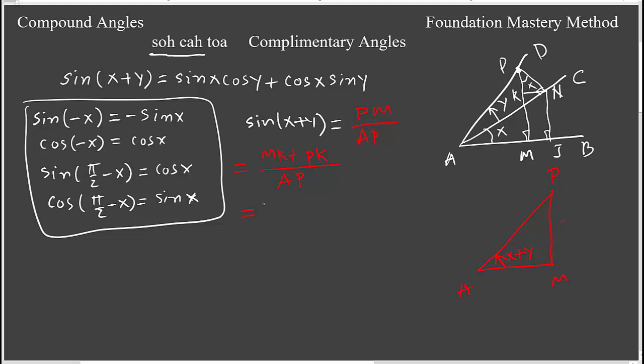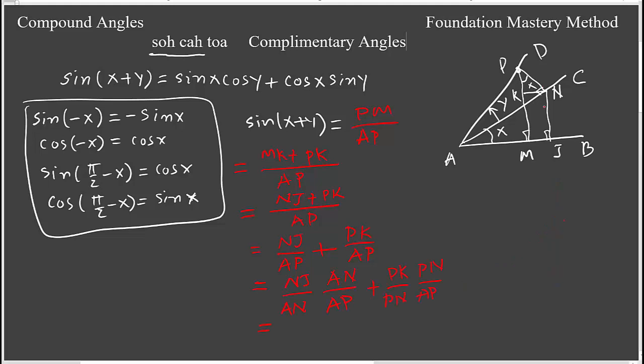Next we say MK can also be replaced by NJ. You can clearly see MK is the same as NJ, same length. So we replace MK by NJ, and then we split the denominator too: NJ over AP plus PK over AP.